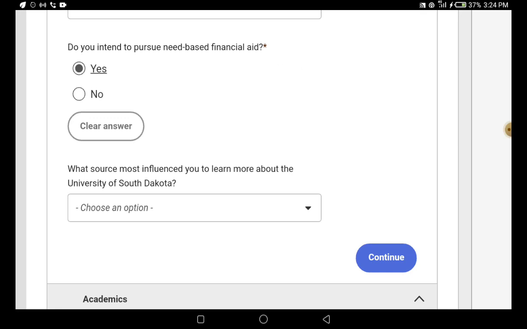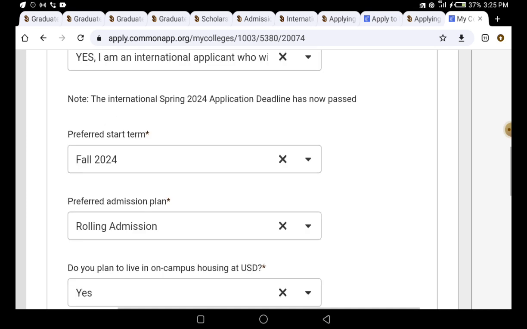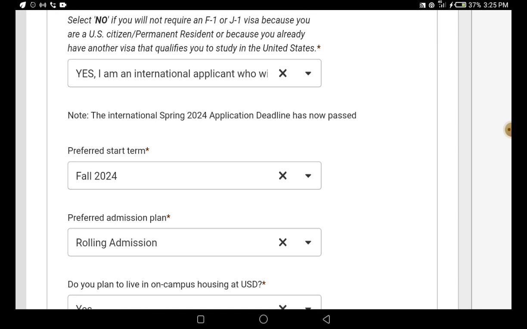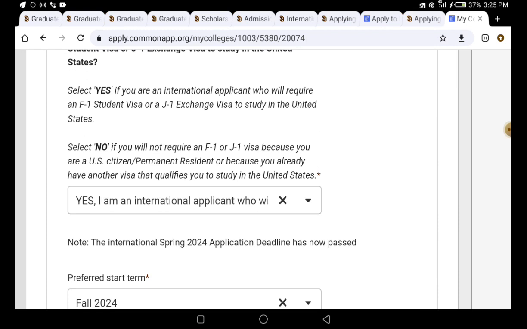This is the part that is very important as part of your application, before you go ahead and start selecting your program and all of those other things. If you don't get this one right, the other things you are going to be selecting will not be right. If you now go back to applying, we check the deadline.